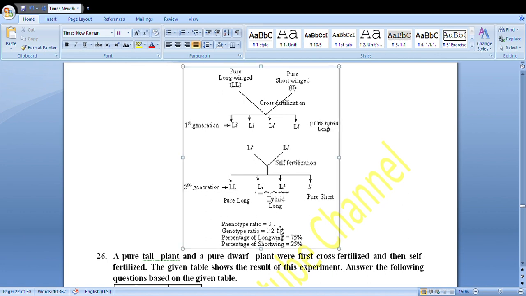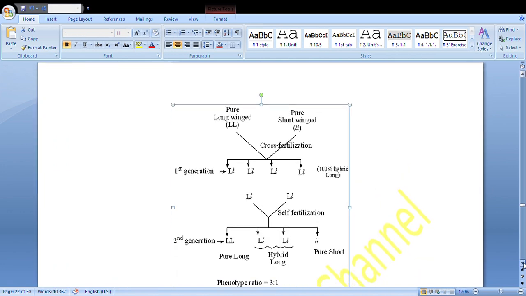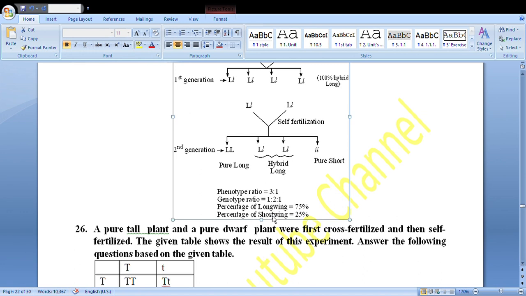Phenotype ratio 3:1, genotype ratio 1:2:1, percentage of long wing 75, percentage of short wing 25, because out of 4, 3 is long means 75, out of 4, 1 is short means 25%.